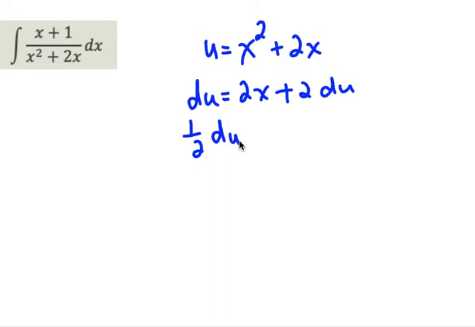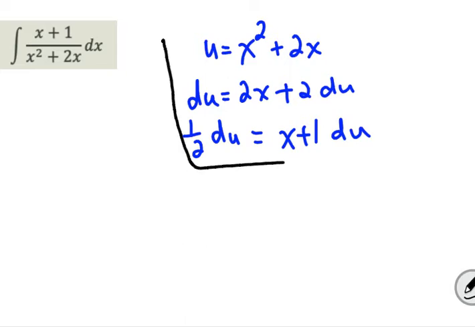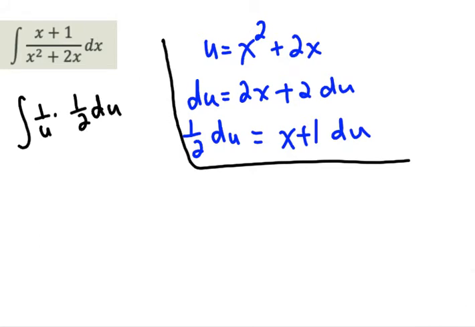So in one step, we factor out a 2 and divide by 2 to leave us with the numerator. Okay? So 1/2, the derivative, I'm sorry, the integral of 1 over u is ln of the absolute value of u, plus c.